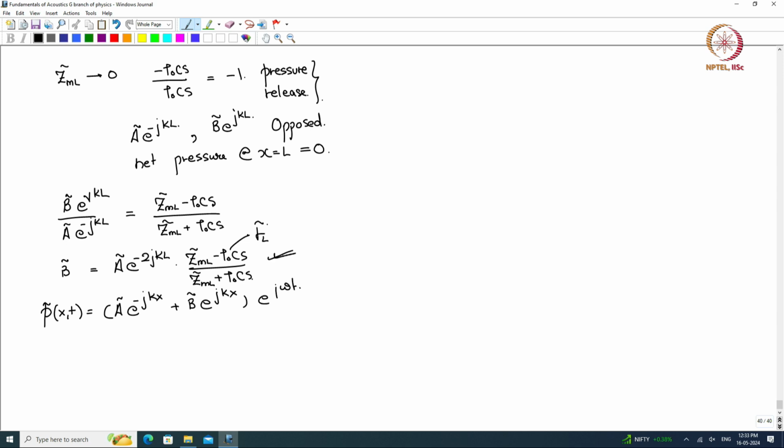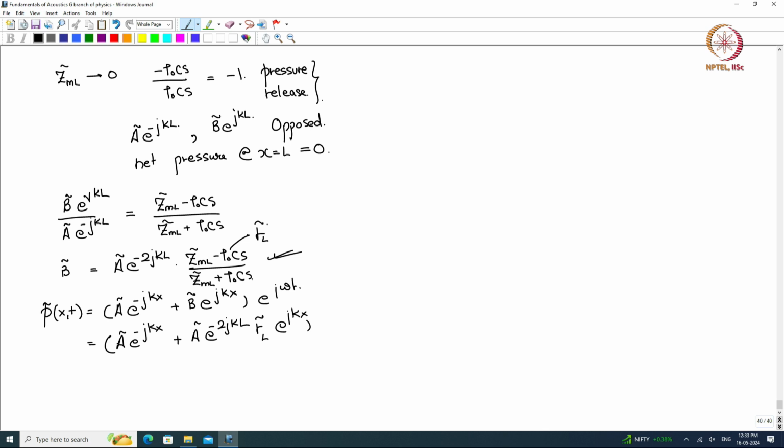So, now in terms of this, it is A tilde e to the power of minus j k x plus A tilde e to the power of minus 2 j k L R tilde reflection coefficient e to the power j k x.